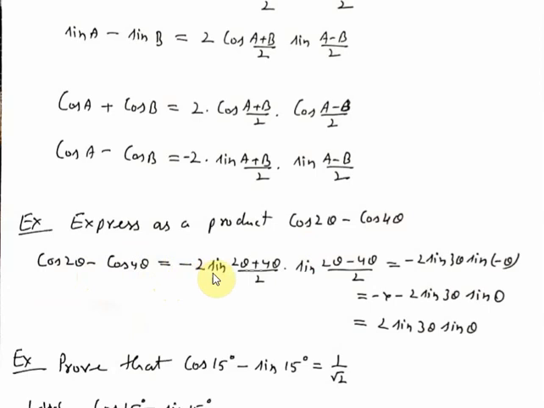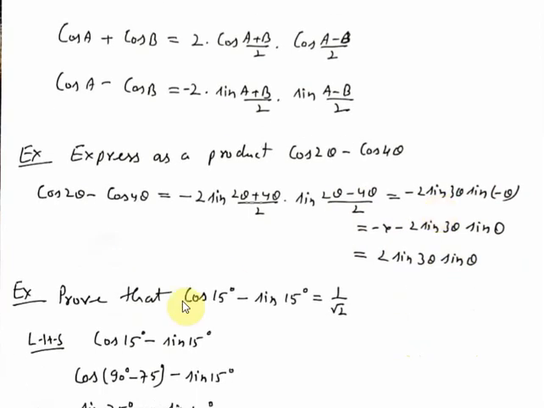So minus 2 sine (angle addition) upon 2, sine (angle subtraction) upon 2. 2 theta plus 4 theta is 6 theta divided by 2, it is 3 theta. 2 theta minus 4 theta upon 2, after simplification, we have minus theta. And we know sine minus theta is equal to minus sine theta. So minus comes out. 2 sine 3 theta sine theta, minus minus plus. So the final answer is 2 sine 3 theta into sine theta.